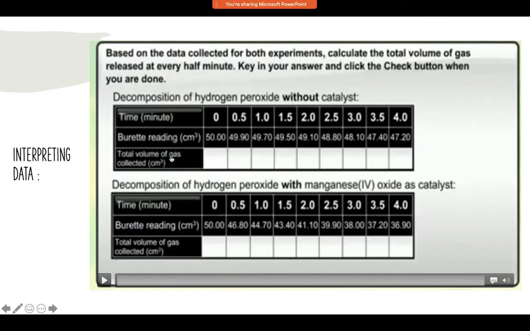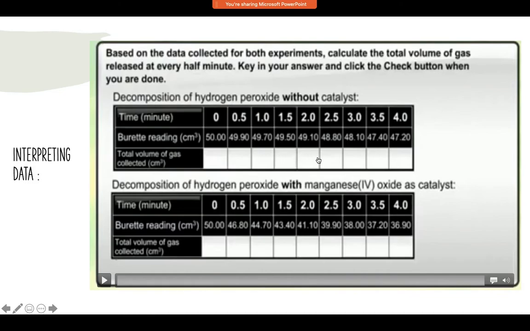Jadi untuk kira total volume of gas collected, burette reading ni initialnya adalah 50. So pada masa 50 ini volume of gas masih lagi kosong, tolak dengan 50 juga. Then for the next 30 seconds, burette reading dah shows 49.9. So nak tahu dia punya volume of gas, just minus the initial burette reading 50 minus dengan yang current 49.9, dapatlah volume gas yang dia produce kat sini.